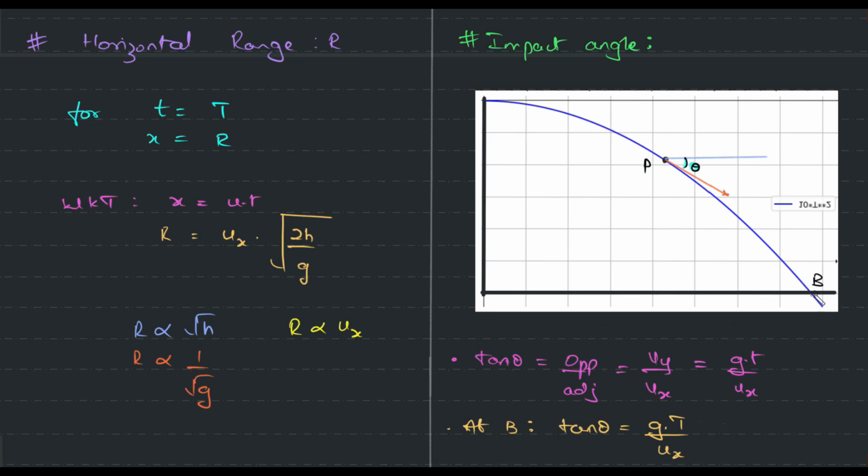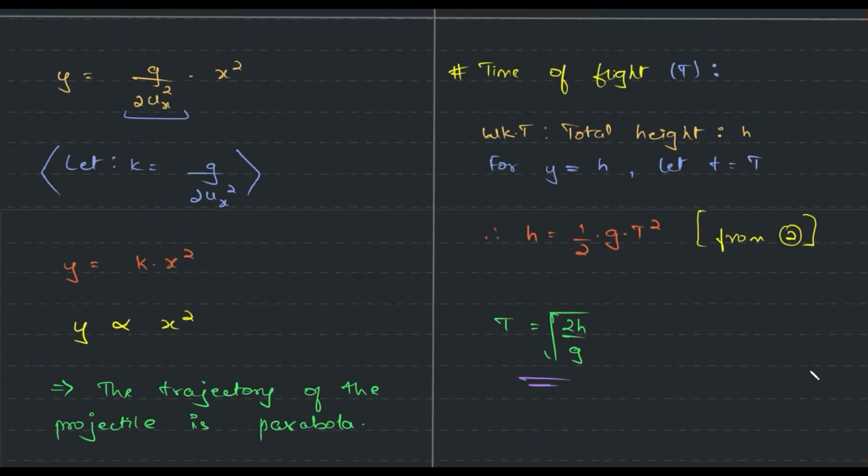Again, all this is not to be remembered per se. It has to be derived every time, honestly. But of course, for competitive exams, you guys have to remember this. Technically, you should not be, right? The point is on the ground. So the angle made by the object when it hits the ground is given by this. This is in general. Okay, guys.